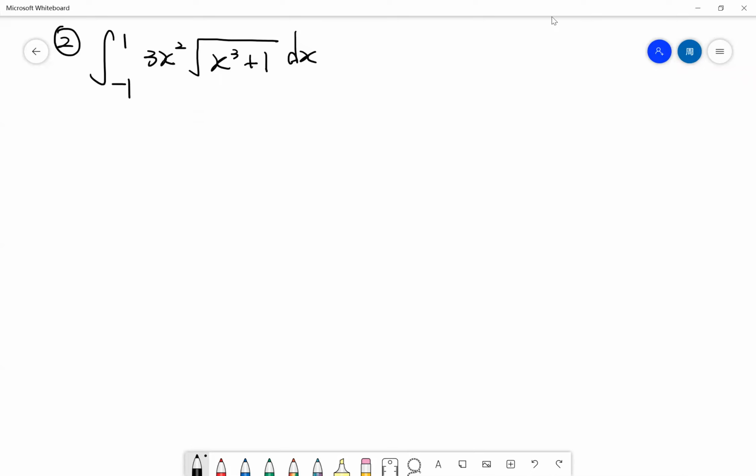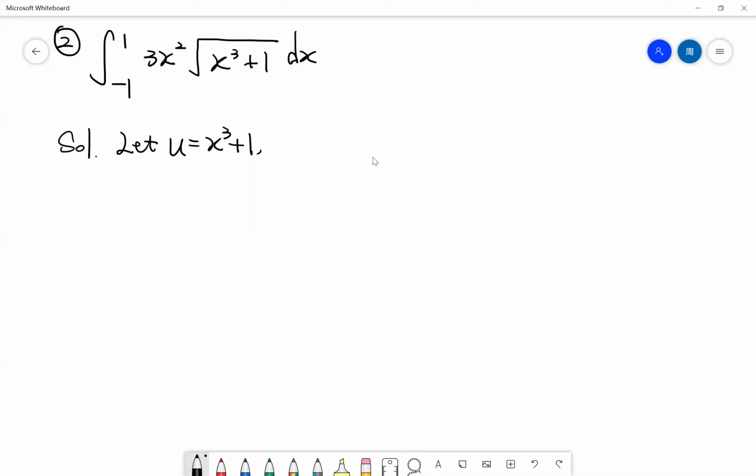Okay, let's solve it together. So first, we can let u be x power 3 plus 1, right? And this is the first step.